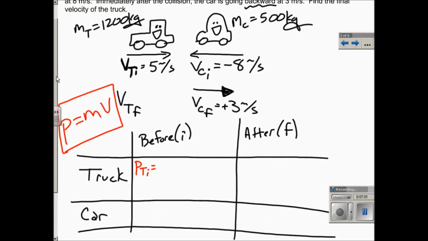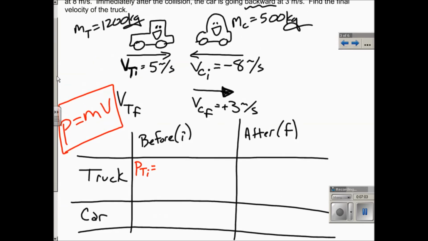So our truck has got a mass of 1,200 kilograms and a velocity of 5 meters a second. So multiply it out, and I'm going to get 6,000 kilogram meters per second, right? Okay, now I'm going to do the same thing for the car. The momentum of the car initially would be its mass, 500 kilograms, times -8 meters per second.